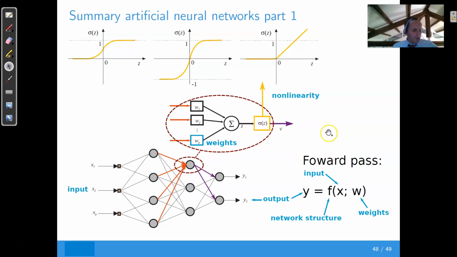So before closing this part of the lecture, I want to summarize the most important parts of this first module regarding neural networks. We examined the structure of a neural network, starting from a neuron.